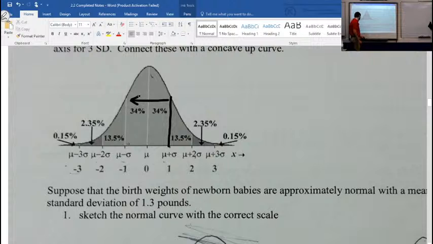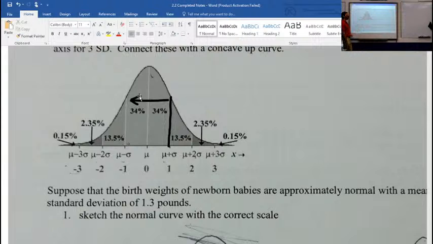There we go. So total, we have 68 here, and we've got 13 and 16.